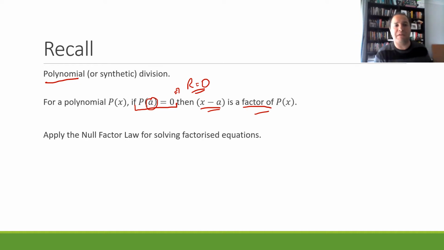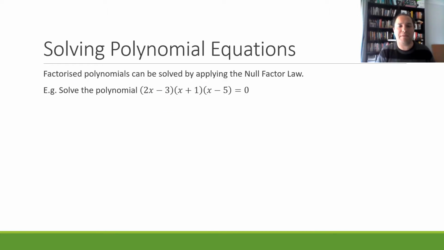And then something we've done a lot of with our quadratics, applying the Null Factor Law for solving factorized equations. When solving polynomial equations, once they're factorized, we can just apply our Null Factor Law. So for example, if we've got our polynomial here, it's got 3 factors, it equals 0.